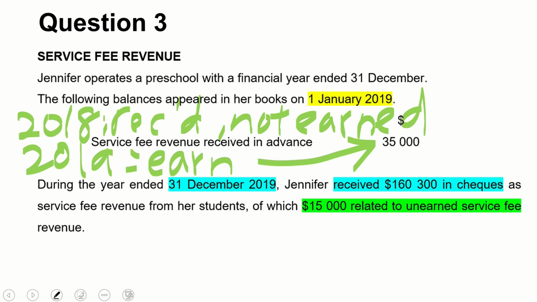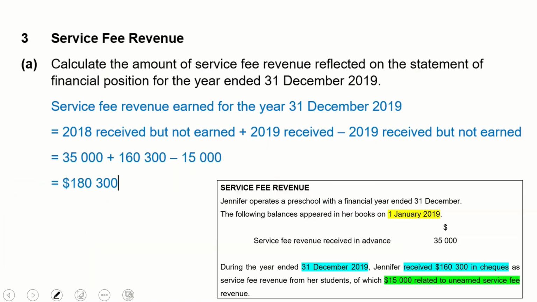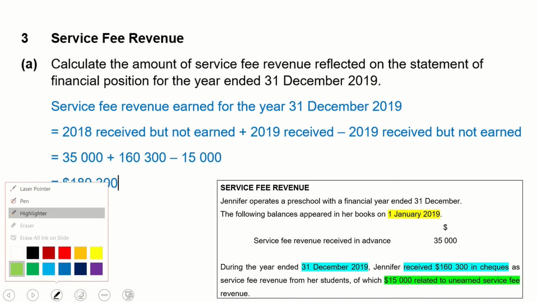They also tell you that during the year end 31st December 2019, Jennifer received 160,300 in checks as service fee revenue, of which 15,000 is unearned service fee revenue. So the first question is, calculate the amount of service fee revenue that is reflected in the statement of financial, not position, but performance.